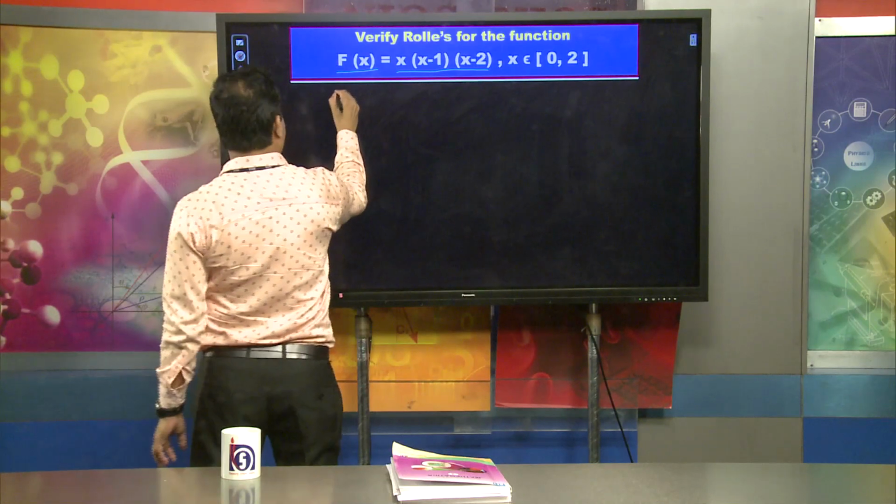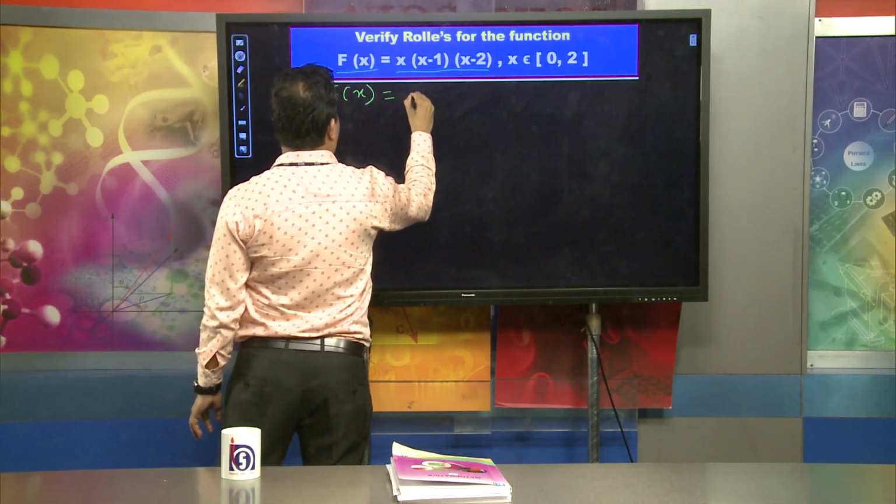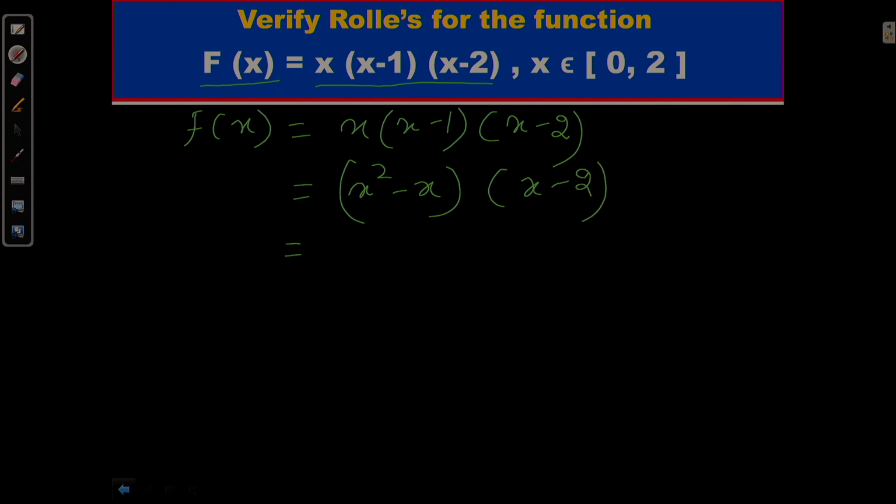If you solve this function, when we multiply x into (x minus 1), you will get x square minus x, and again we multiply with (x minus 2). So now again we multiply, that means x square into (x minus 2) minus x into (x minus 2).